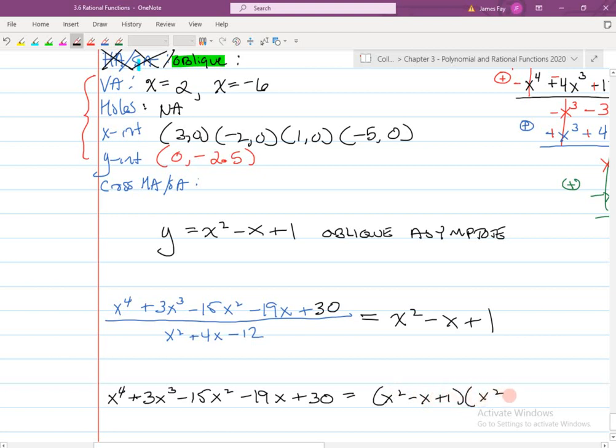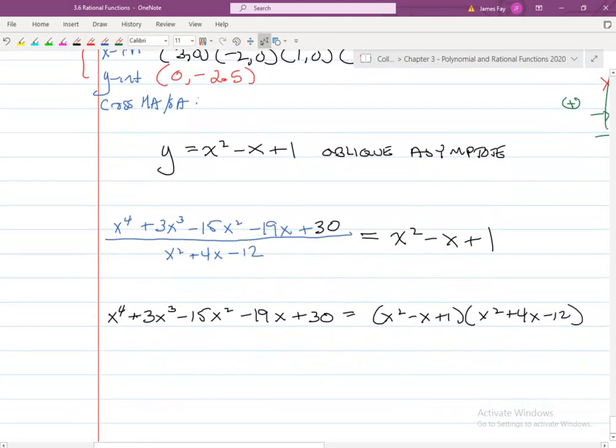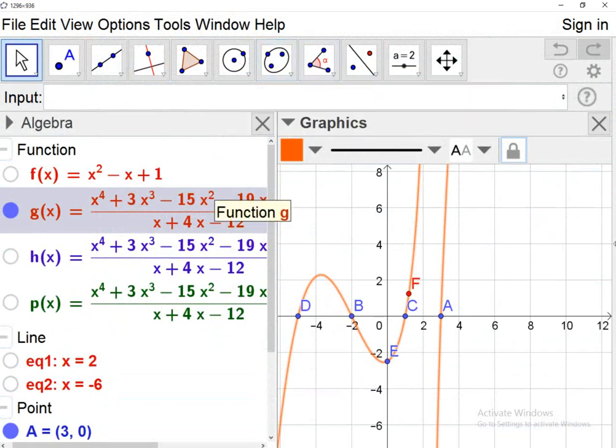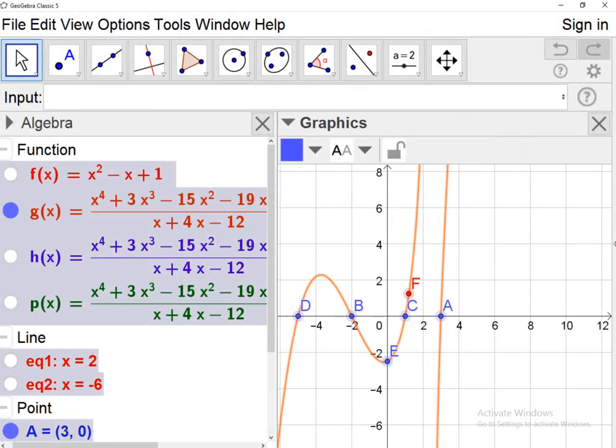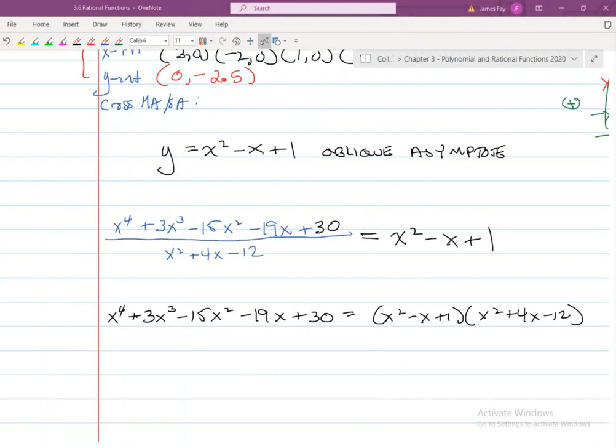So if I multiply both sides by the denominator, that's what I get, right? Okay. Are we capable of distributing over here? Now I'm going to cheat a little bit for you and tell you, actually, let's do it this way.